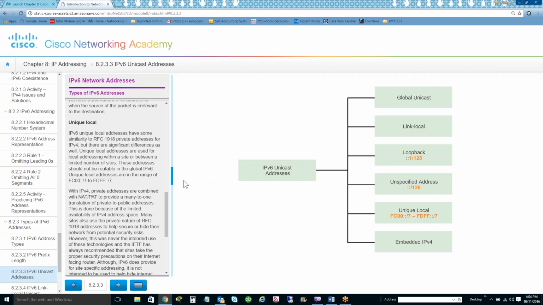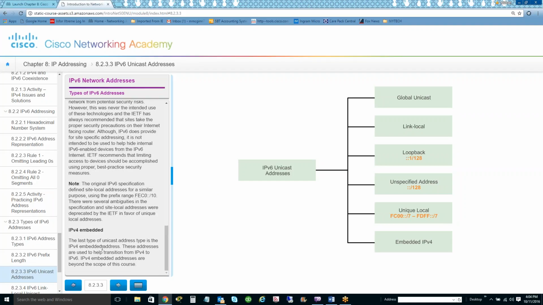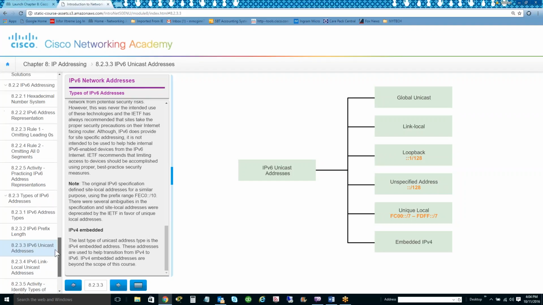Unique local addresses are in the range of FC00::/7 to FDFF::/7. And then IPv4 embedded addresses are used to help transition from IPv4 to IPv6, and IPv4 embedded addresses are beyond the scope of this course, which means we don't need to worry about it right now.